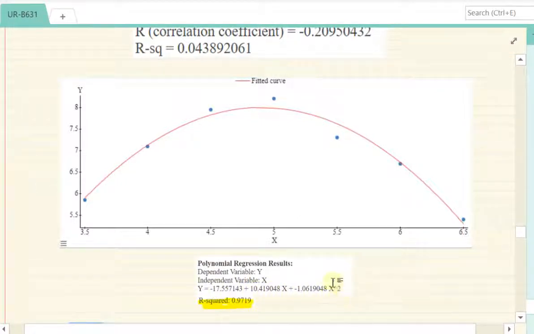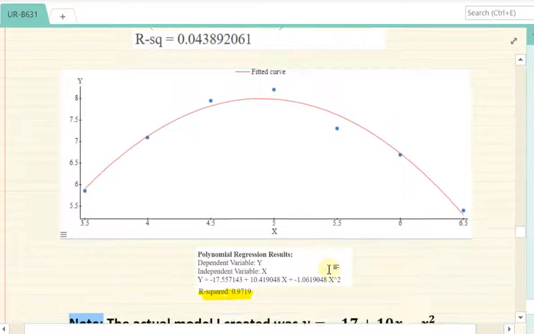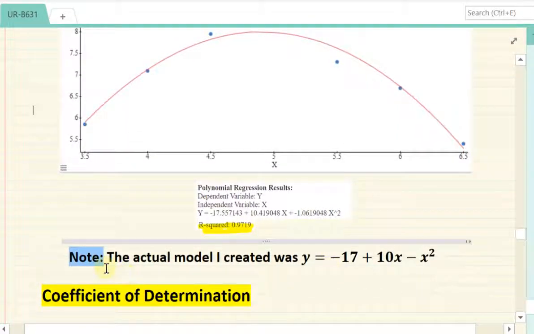And this is the equation of that quadratic expression. Notice it has x squared, so this is not a first-order regression model. This is a polynomial model. So negative 17.55 is the value when x is 0: when x is 0, y would be negative 17. Anyhow, I have a note here about the actual model that I created for this exercise, where these points came from.